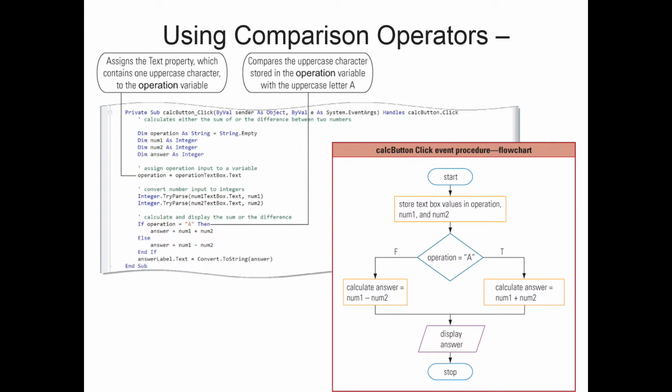So if you enter small a, it will actually execute the else statement, not the if statement, because small a is not capital A. Or if you put any other character, like B, C, whatever, that's invalid data, but it'll assume that is the same as subtraction. So yeah, it could go wrong like that.